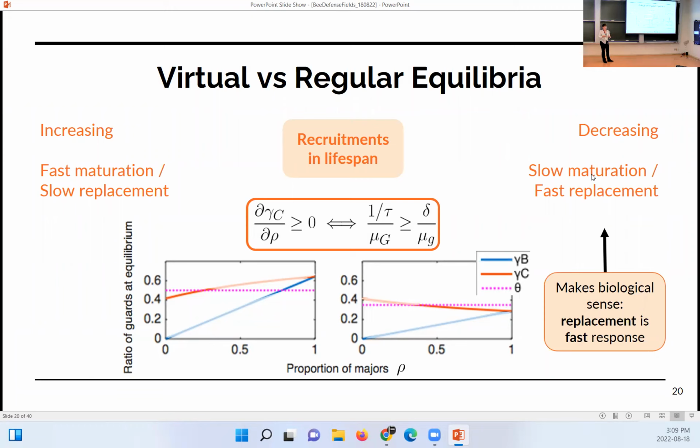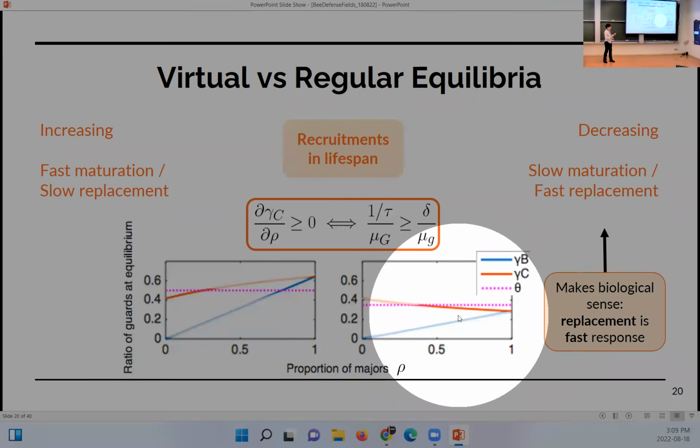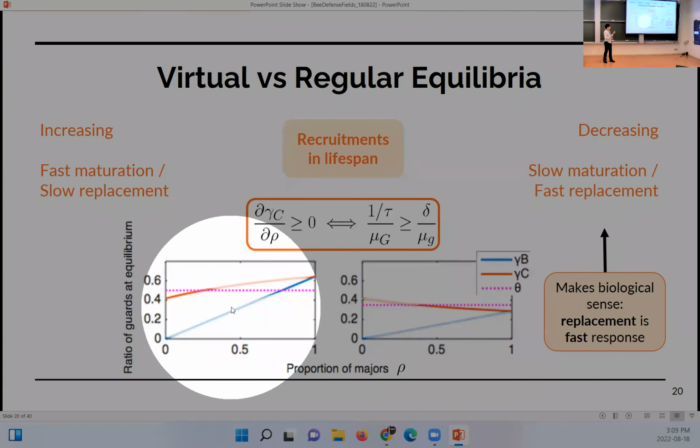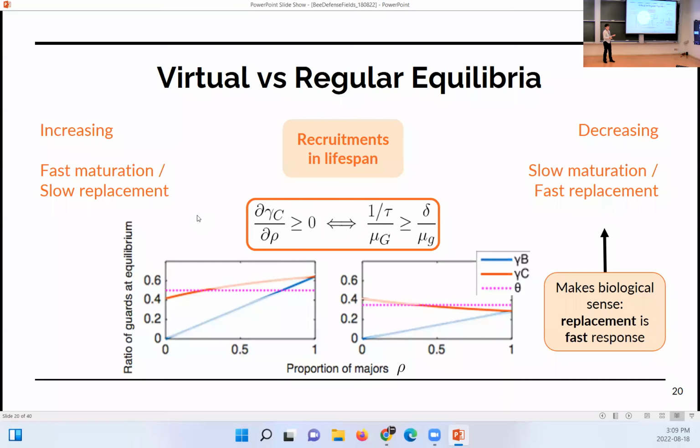It's fast. They should go out in minutes or hours, while maturation should take days. This is the case we'll see when we plug in actual real parameters. But in other systems, other species or maybe artificial systems, you may have a maturation process and a replacement process that are not necessarily that different in timescale.